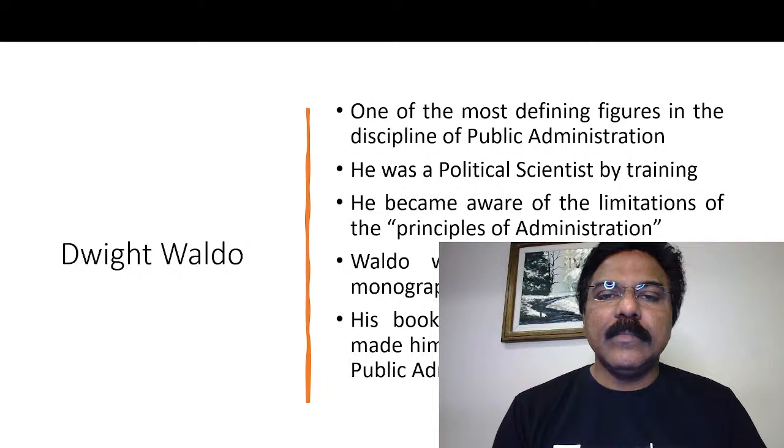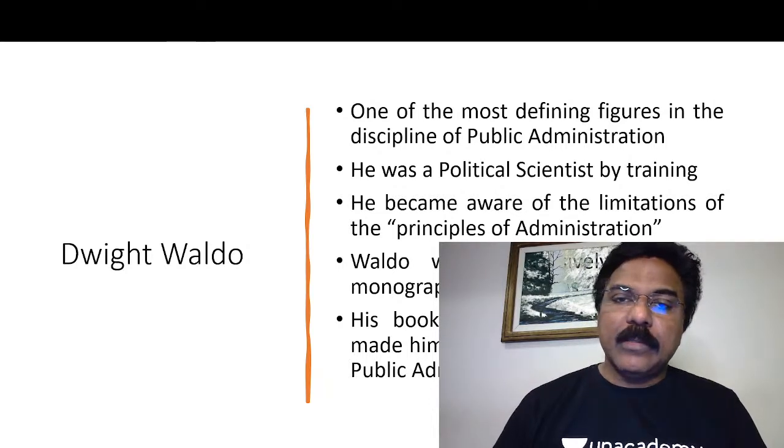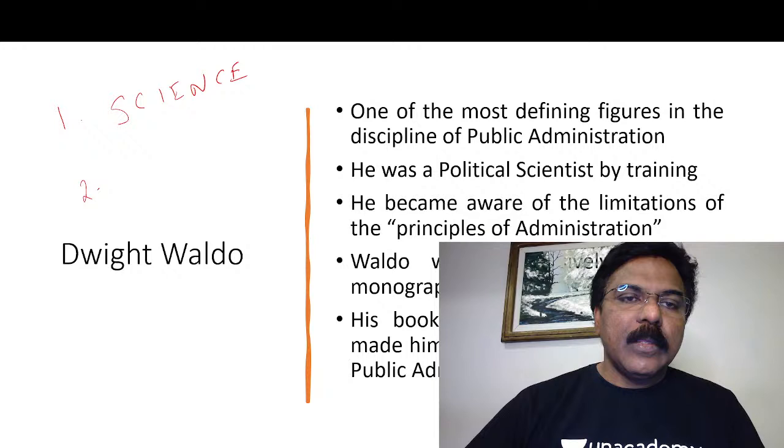We'll read about it. He became aware of the limitations of the principles of administration. What are the principles of administration? One, it's a science of administration. Two, that you can offer incentives, money.